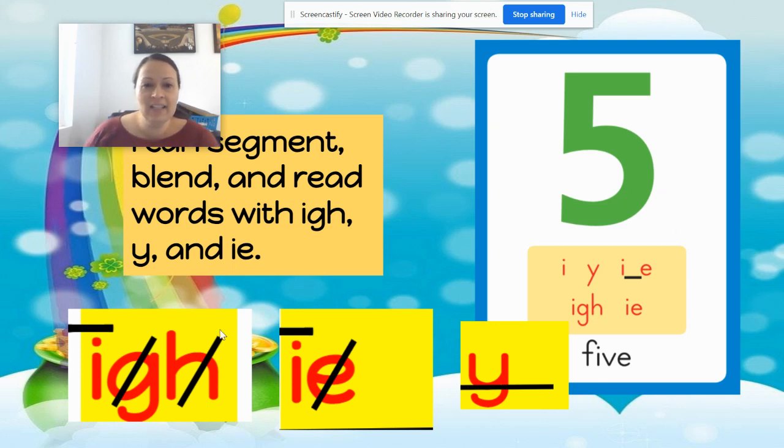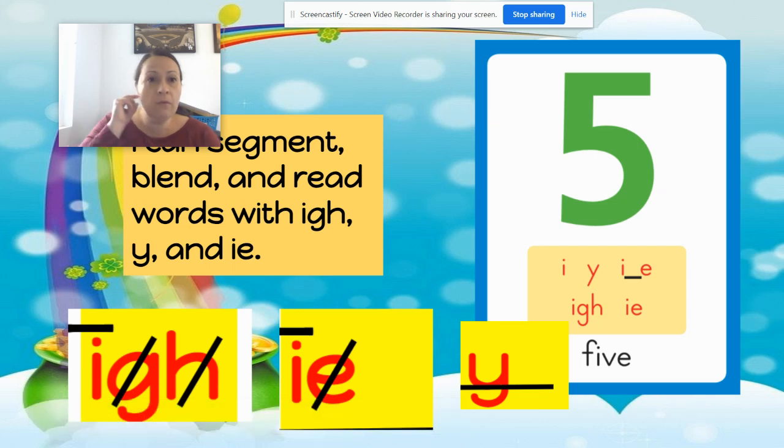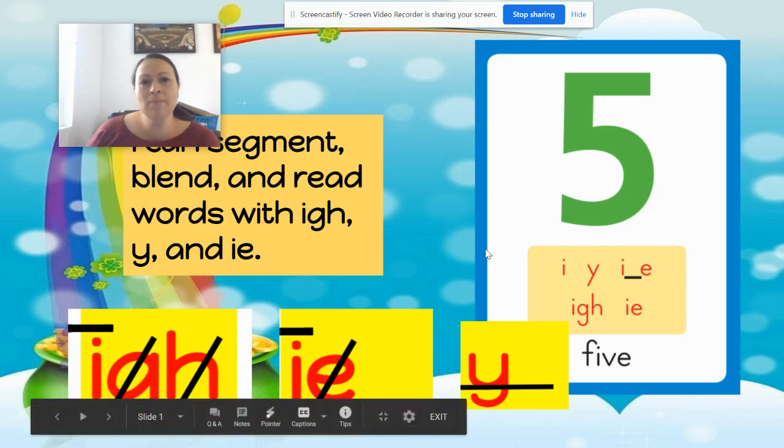So let's get started. Another thing to keep in mind is when we hear I in the middle, it's most likely going to be IGH. If it's at the end, it will most likely be IE or Y. So that's going to be the tricky part today, okay?